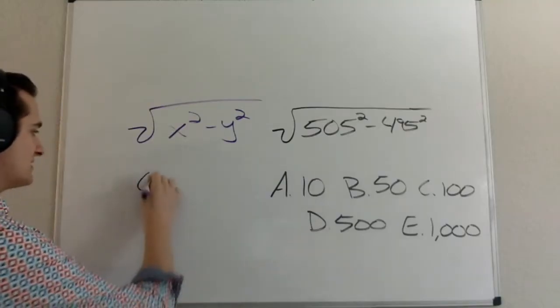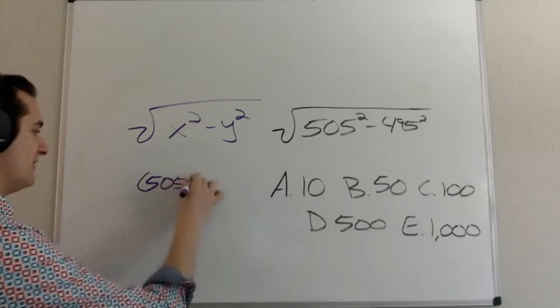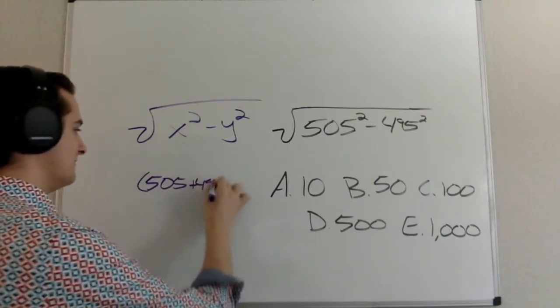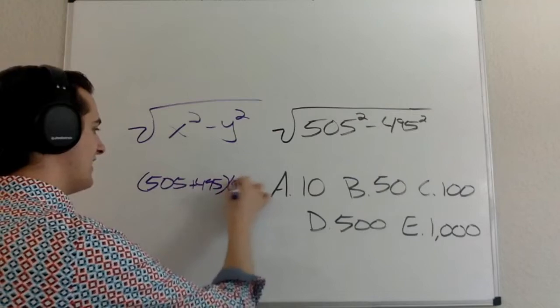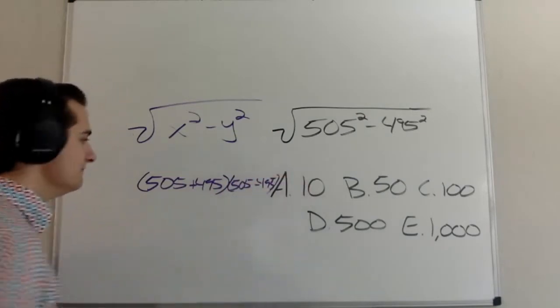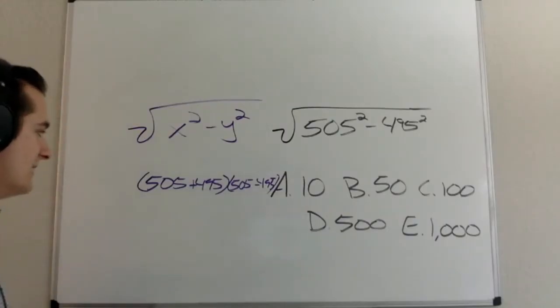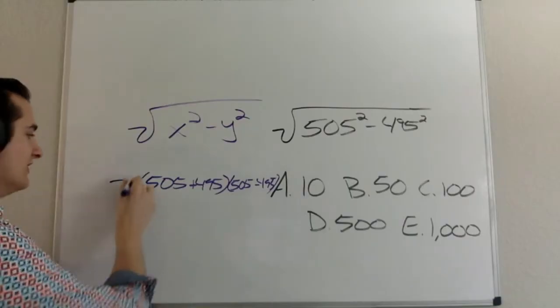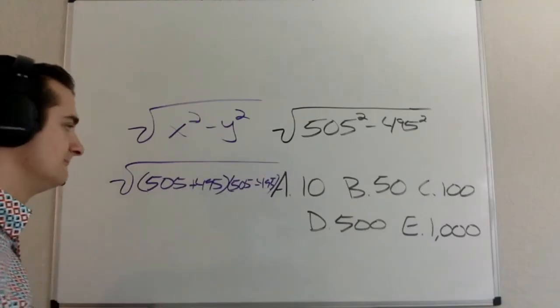Well, I could say that this is 505 plus 495 times 505 minus 495. And the square root of that, I'm going to carry the square root symbol down here.